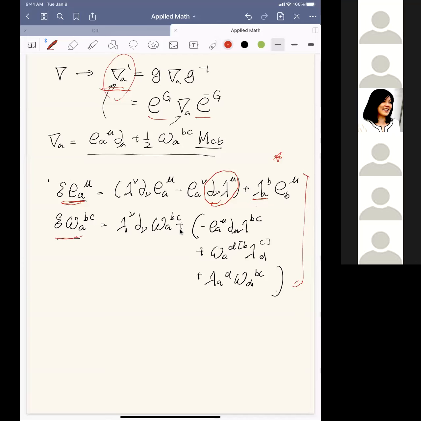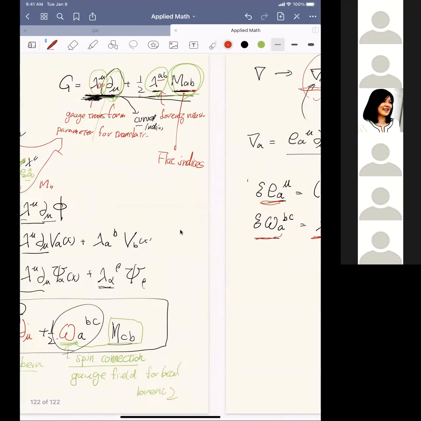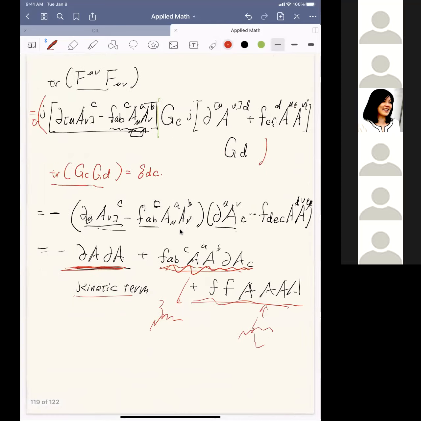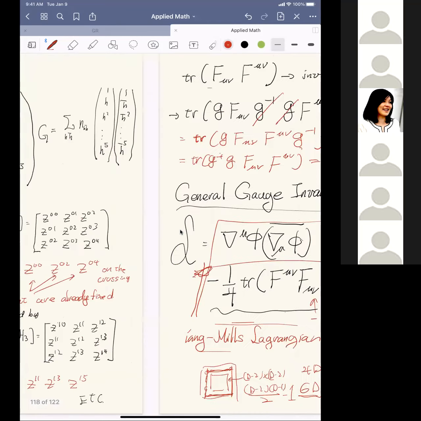Similarly, for the spin connection, there is a derivative acting on the parameter for the local Lorentz transformation, but there's no derivative acting on the parameter for the local translation. And the reason is simple.